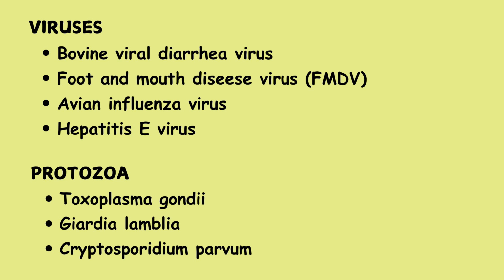Examples of viruses present in milk include bovine viral diarrhea virus, foot and mouth disease virus, avian influenza virus, and hepatitis E virus. Protozoa are single-celled organisms. These are also less common in milk, but they can still pose a risk in case of raw milk contamination. Examples of protozoans found in milk include Toxoplasma gondii, Giardia lamblia, and Cryptosporidium parvum.